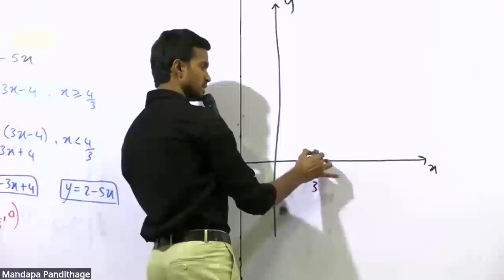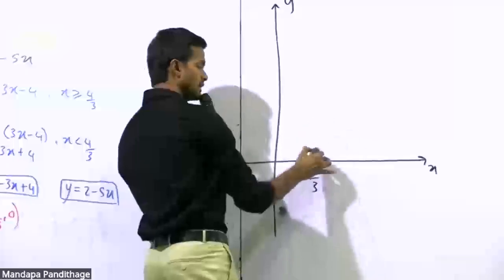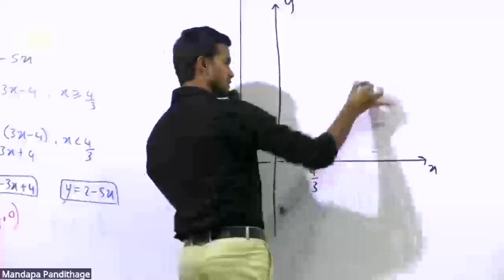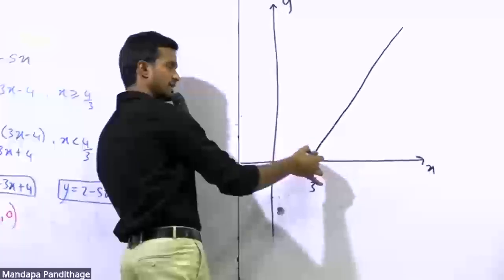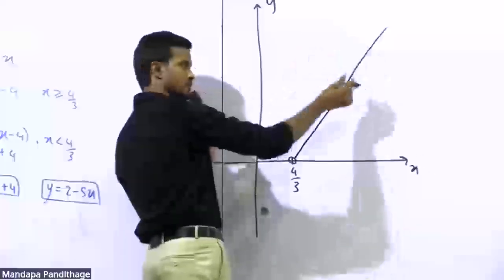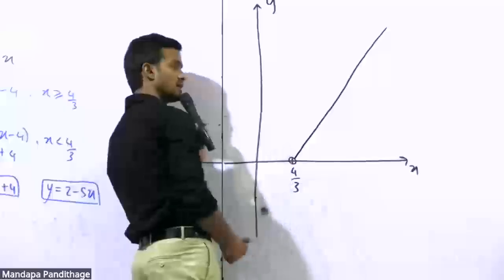When you are sketching a straight line with a gradient 3, make sure that the next gradient, minus 5, is more inclined. Normally when we take gradients like 1, 2, and 3, the steeper one is more inclined, but we need to make sure the next gradient is minus 5.